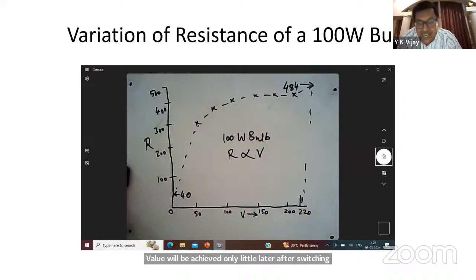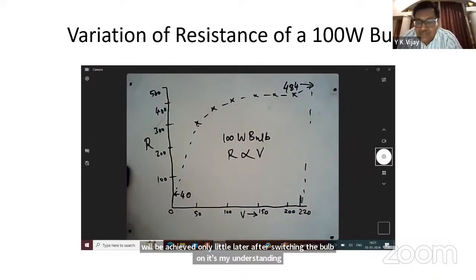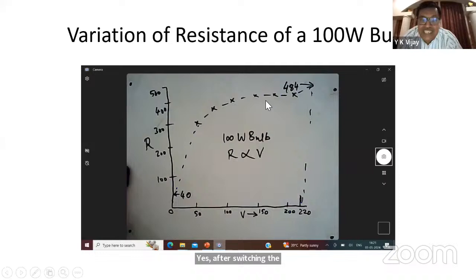Yes. At the initial stage, at different voltages, the resistance gradually changes, and when it is cooled it comes to room temperature.